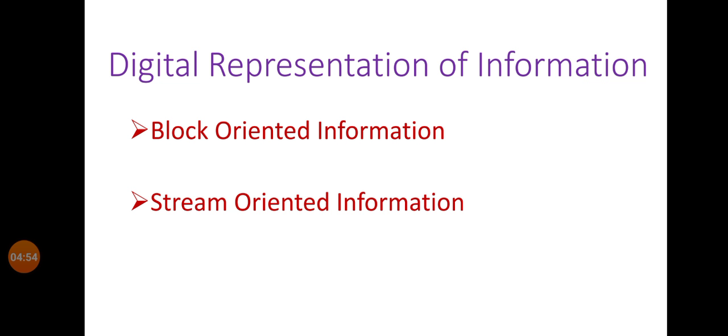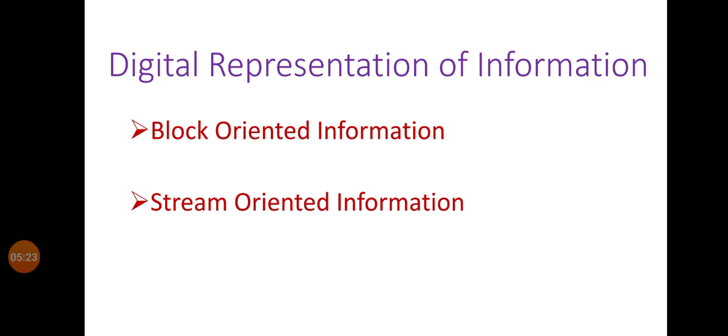What does steady stream mean? That it is produced continuously. For example, my voice. Whatever I am telling now is continuously being produced. This type of information we consider as stream oriented. Examples are voice, music or any video files.